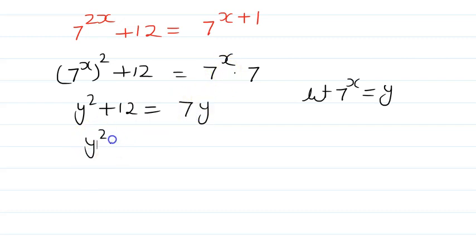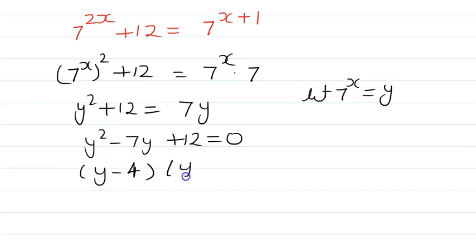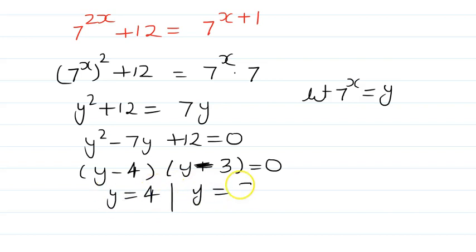So it will be y square minus 7y plus 12 equal to 0. If we factorize it, then we get y minus 4 and y minus 3 equal to 0. So same thing we got here, y equal to 4 and y equal to 3.